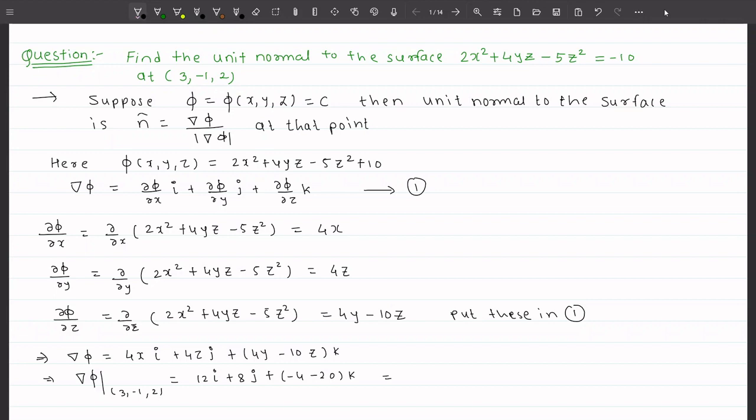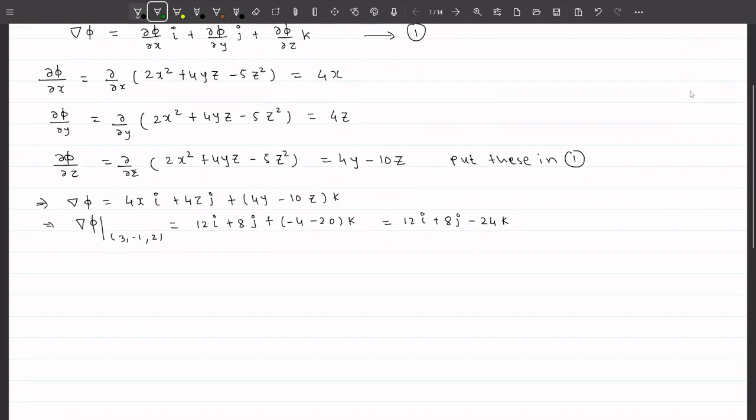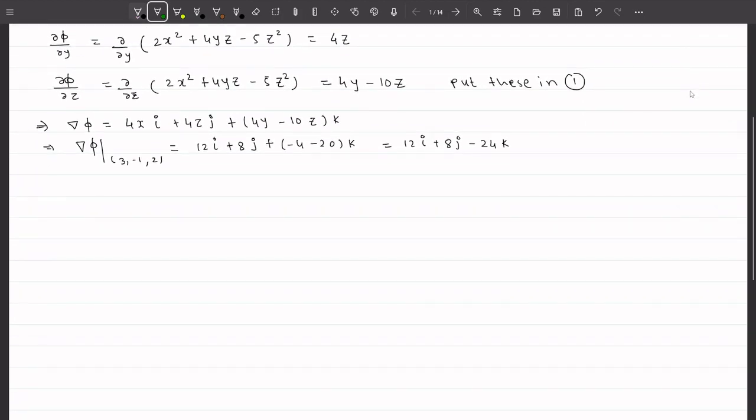So it is 12i + 8j - 24k. This implies the gradient of φ is 12i + 8j - 24k.